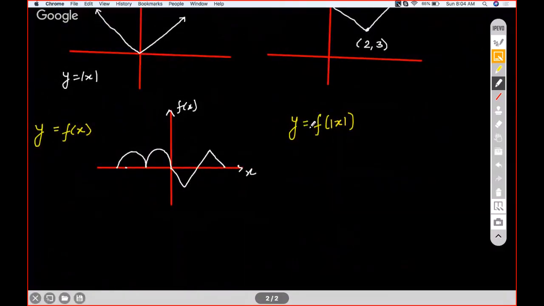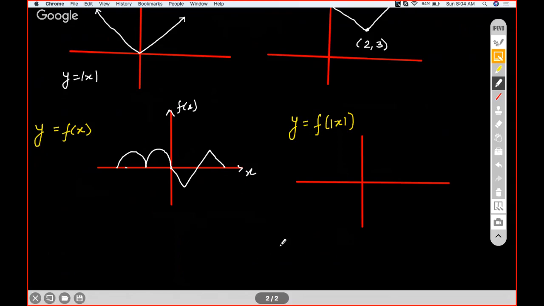So what will happen if in this very function I just want to plot the graph of y is equal to f of mod x? Just think carefully and tell me what effect will it have, and if possible, draw the graph for f of mod x. Okay, fine.